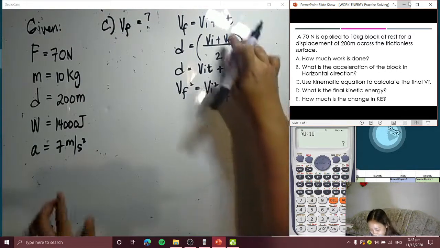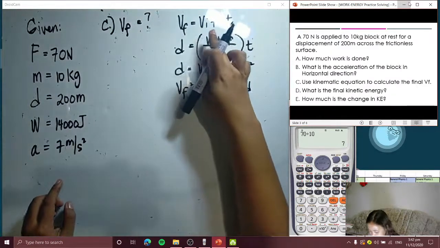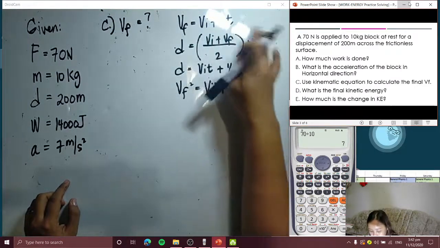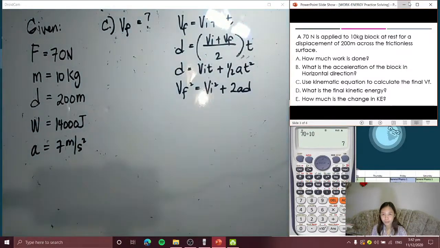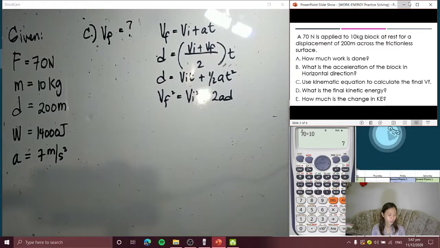So, we have here the acceleration. However, we don't have the value of time. Since we do not see the value of time here, we cancel it right away. How about the initial velocity? Let us go back to our problem. According to the problem, the block is at rest.